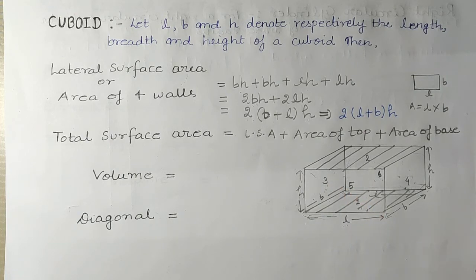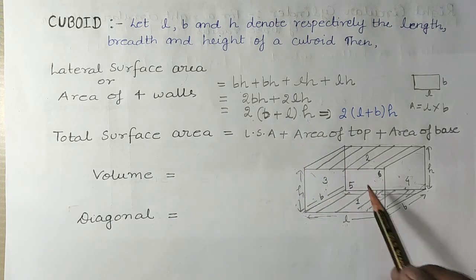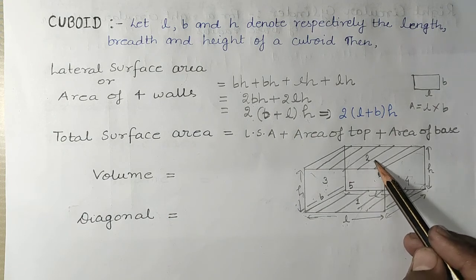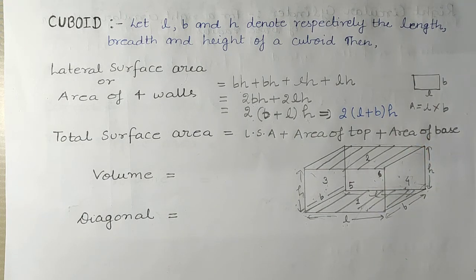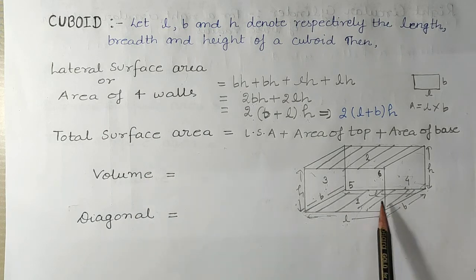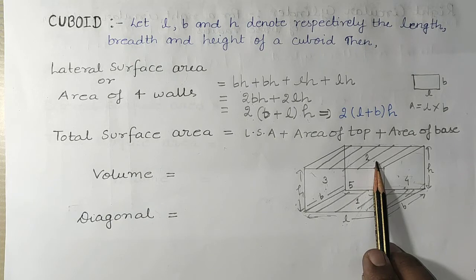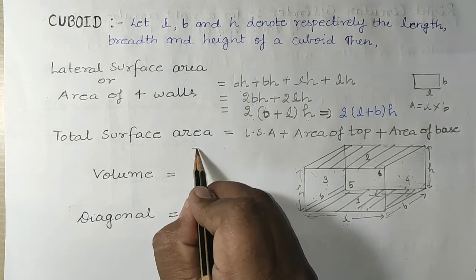Total surface area means the areas of all surfaces. So here in lateral surface area we have excluded the area of surface 1 and surface 2, that is top and bottom, but in total surface area we will include these two also. So what will be the answer?